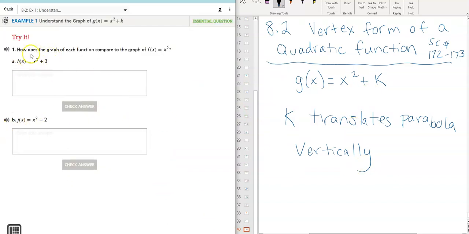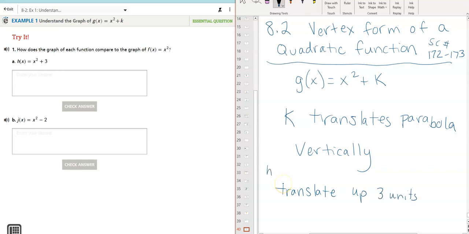So we have 2 examples here. So we're going to do the first one together, and then I want you to do the second one on your own. I want you to explain to me, how does the graph of h of x equals x squared plus 3 compare to its parent function? Okay, so again, we're just looking at this k right here. And because we know that it translates it vertically and it's a plus 3, that means that this new graph is going to translate up 3 units.